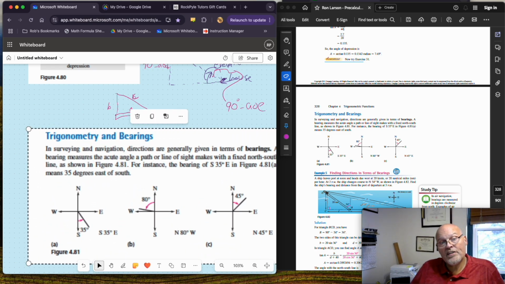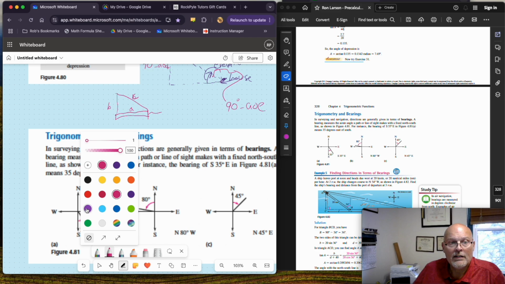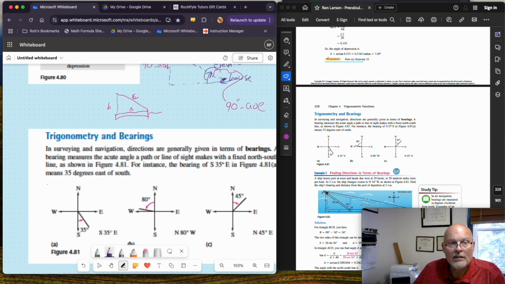All right, so for north, south, east, west, everything goes off of the north-south axis and it takes the acute angle between them. So for instance, the acute angle here is from the south toward the east. So that will be written as south 35 degrees east.